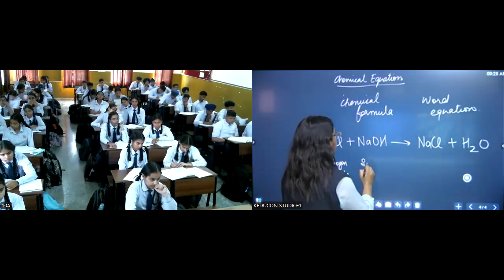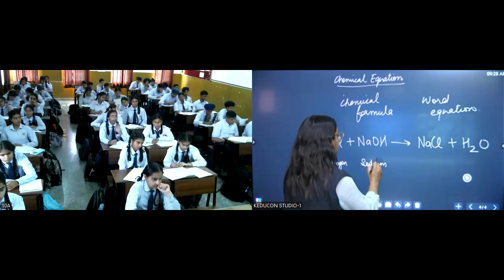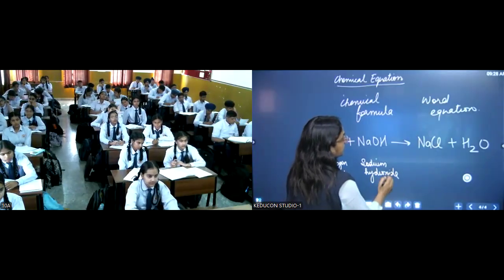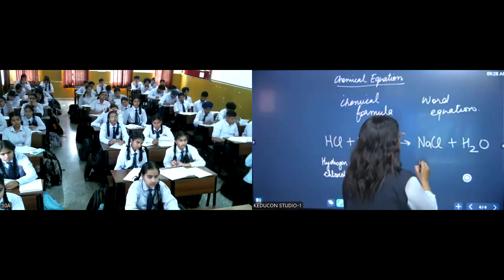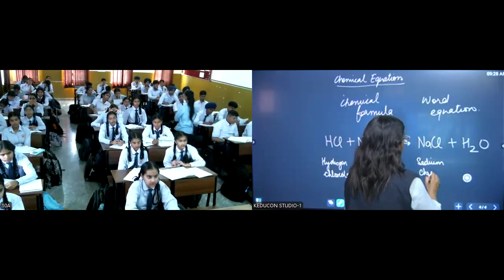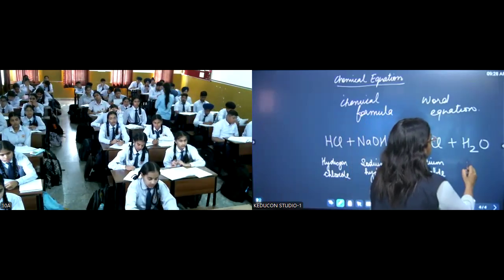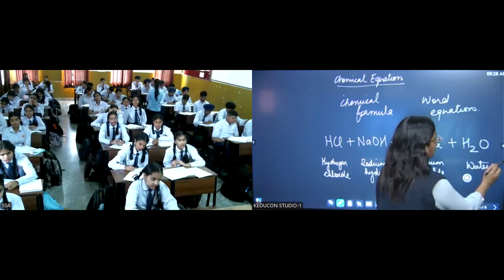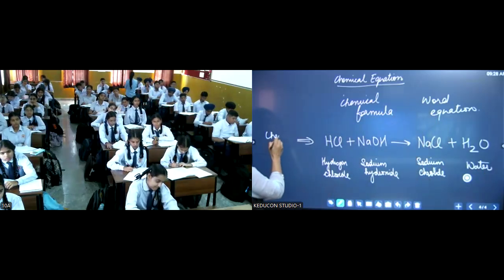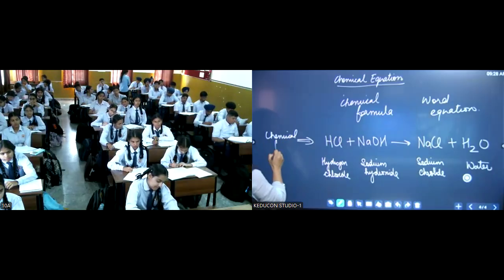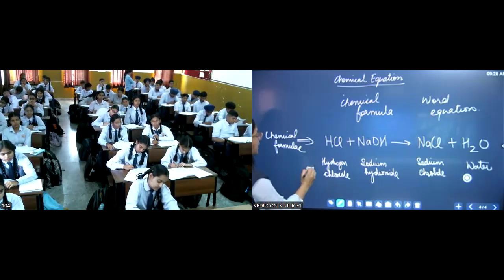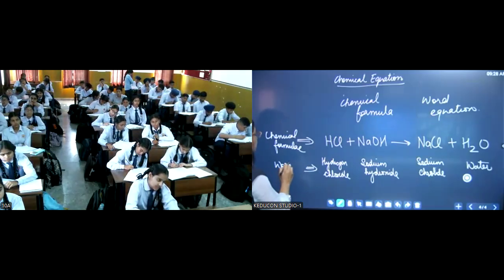NaOH is called sodium hydroxide. NaCl is sodium chloride. And H2O is called water, right? So this is the chemical formula, or in plural, chemical formulae, and this is the word equation.